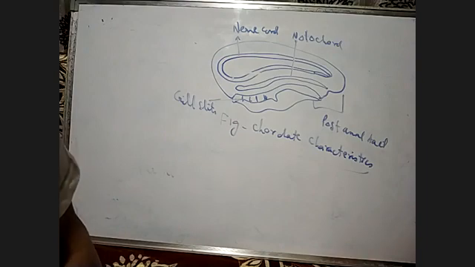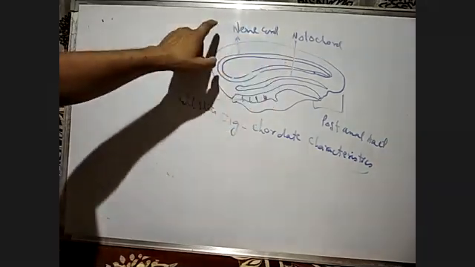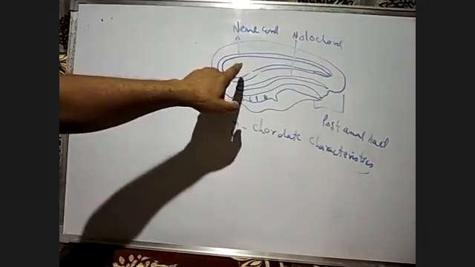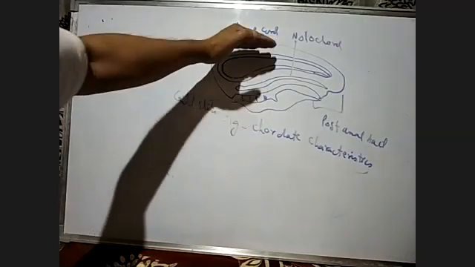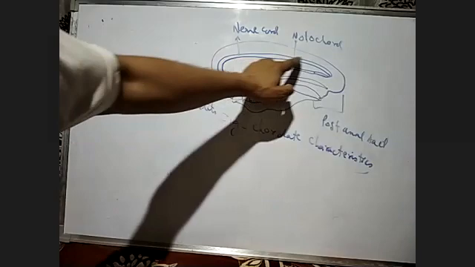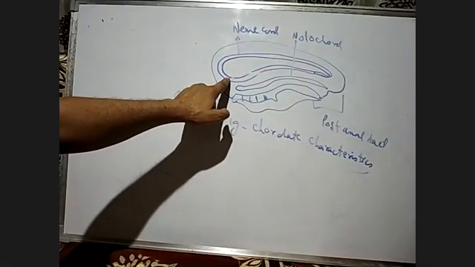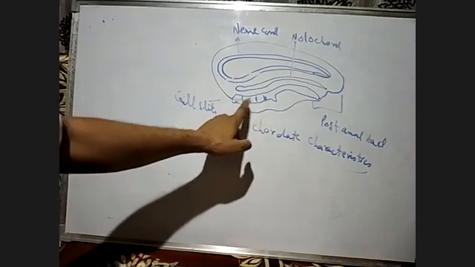Chordata are fundamentally characterized by the presence of a notochord, and a dorsal hollow nerve cord. Dorsal hollow nerve cord means it is on the dorsal side and is a hollow structure. They also have paired pharyngeal gill slits, in the pharynx.